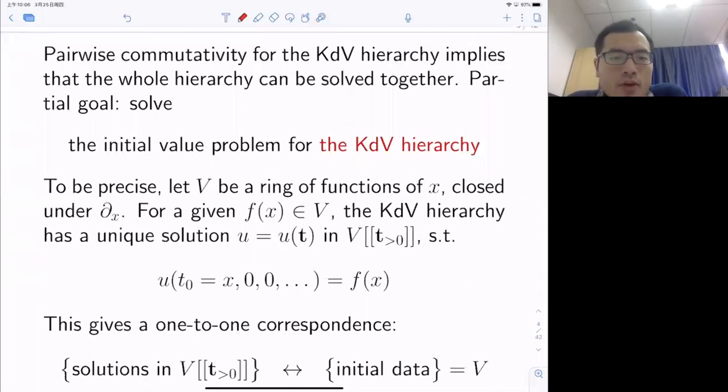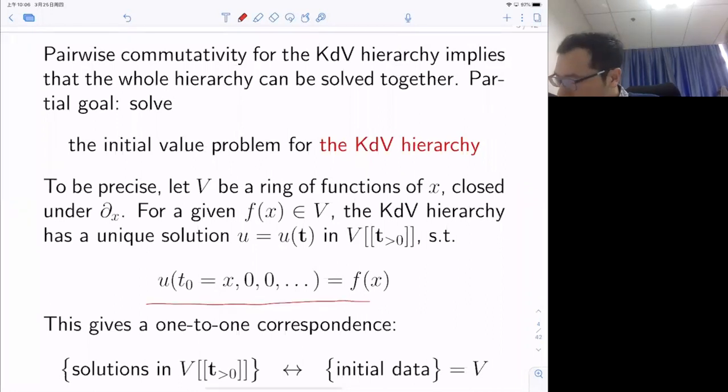The initial value problem is that at all times equal to 0, we give the initial data. For us, we will take arbitrary initial data. So let V be any ring which is closed under differentiation in x. For arbitrary initial value f(x), we can consider this as the initial condition, and to solve the problem is to solve the KdV hierarchy.